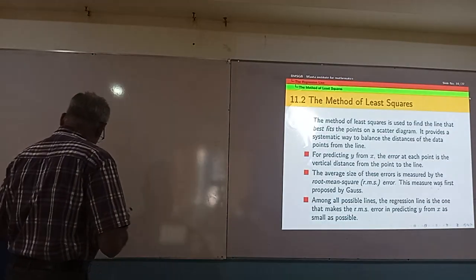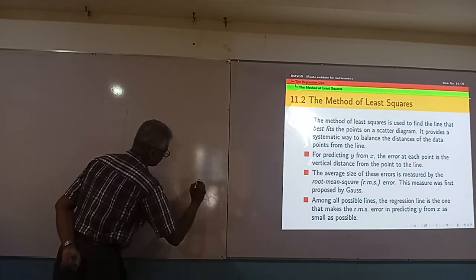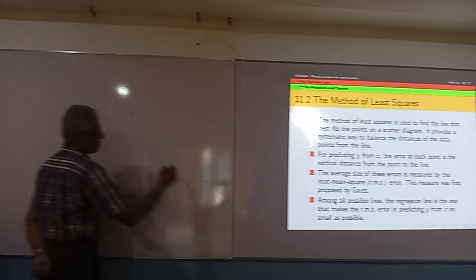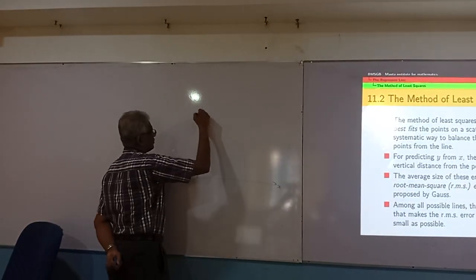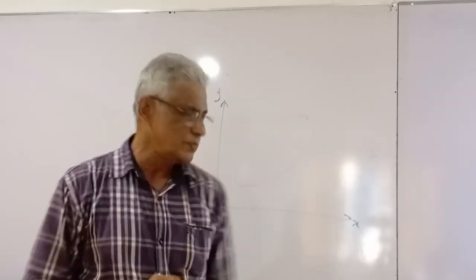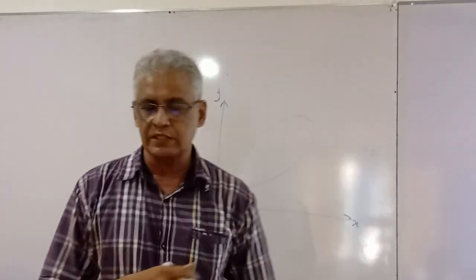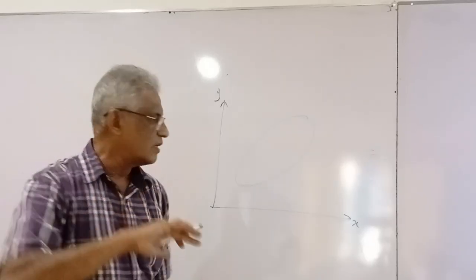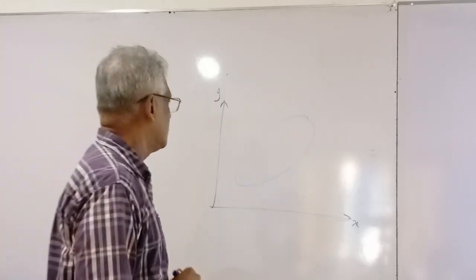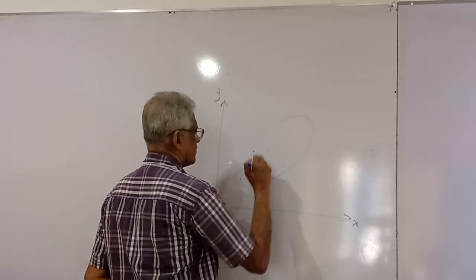But what we are really doing, when you are using the least squares method, is this. We assume that we have a data set which has roughly a ball shape, so we assume that the variability of y for different x is roughly the same. You will have different observations.